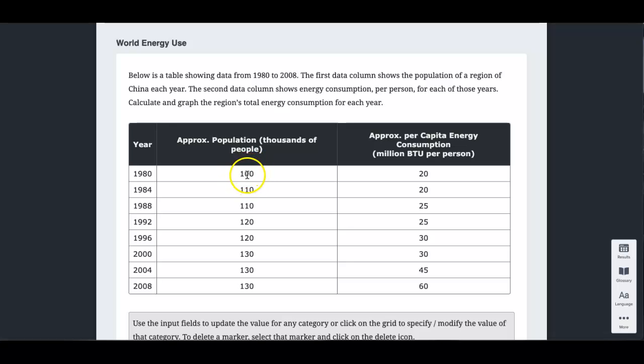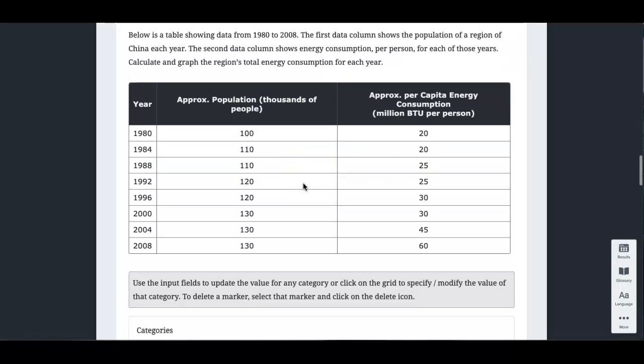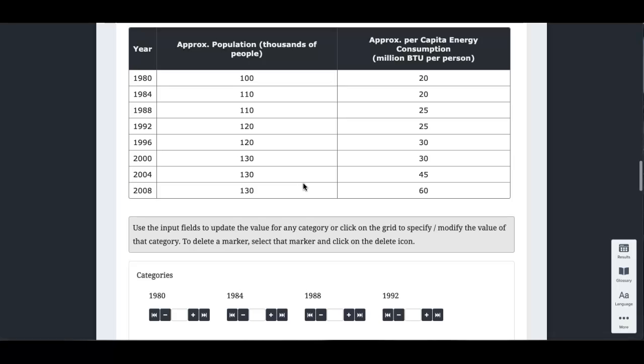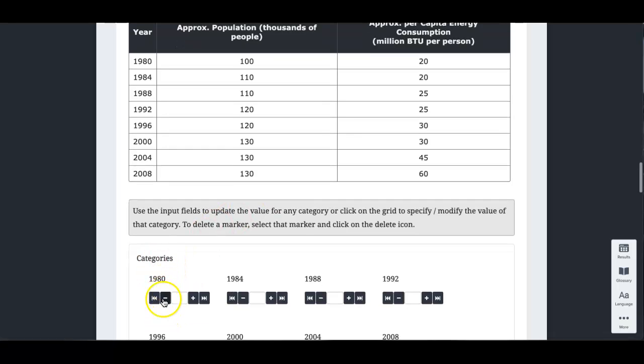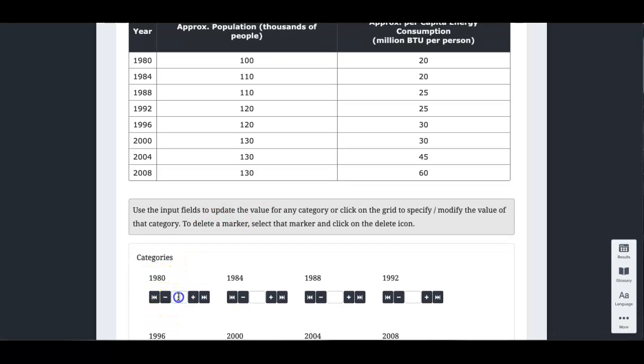You say 100 times 20. Then when you get that number, which is going to be 2,000, you're going to come down here into this graph, and we'll see where it says 1980. You're going to enter 2000 in there.